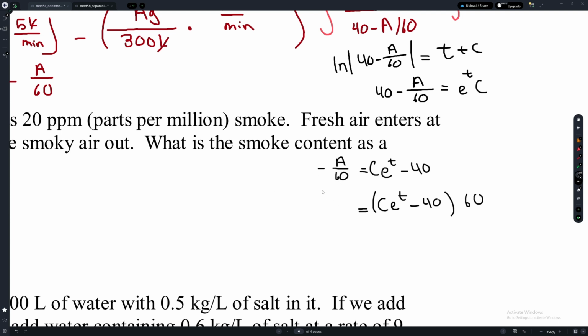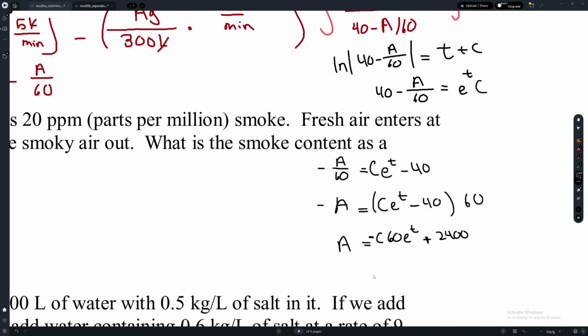And then this minus, also, I'm going to take to the other side. Now, when you multiply in, 60 times 40 is 2400. So we'll have 60 c e to the t minus 2400. And since we have an A here, if I take it to the other side, this becomes minus and this becomes plus.